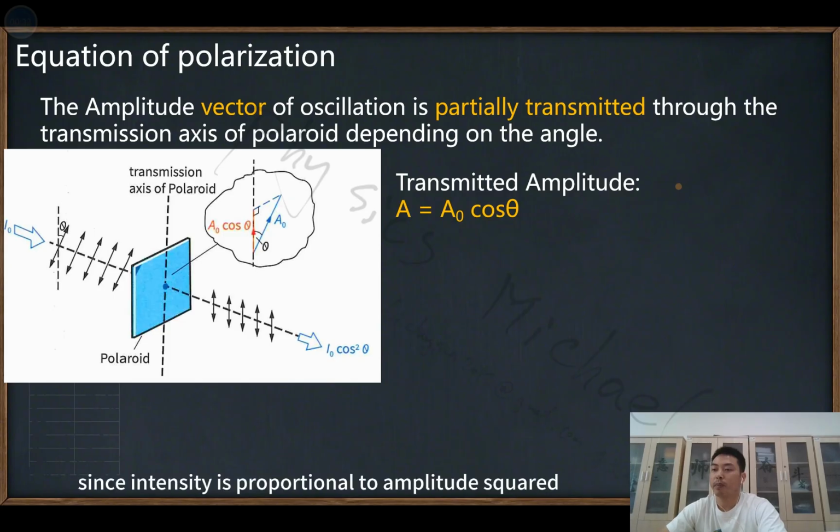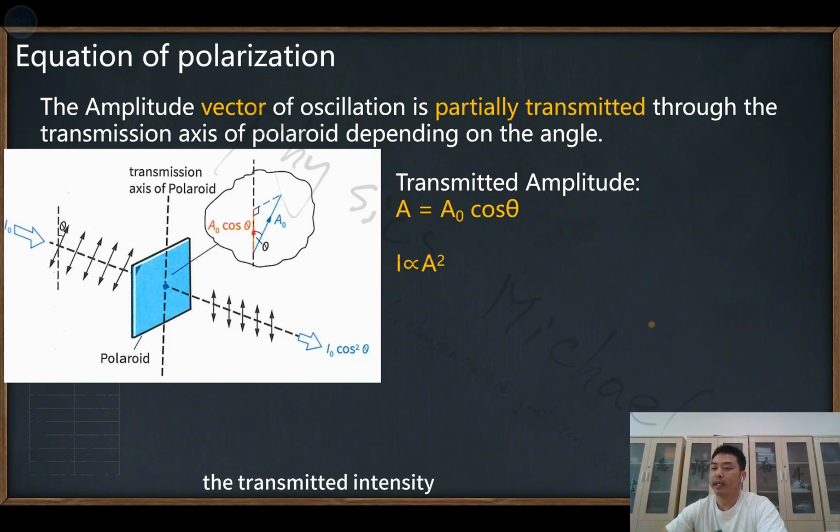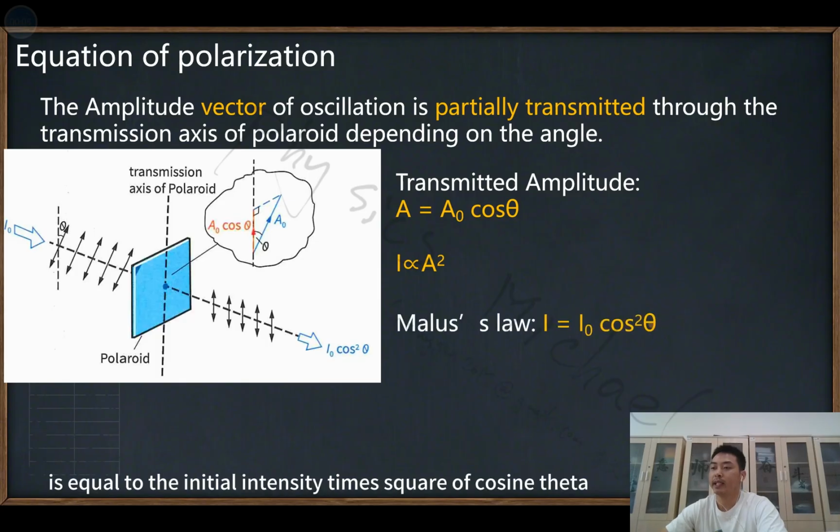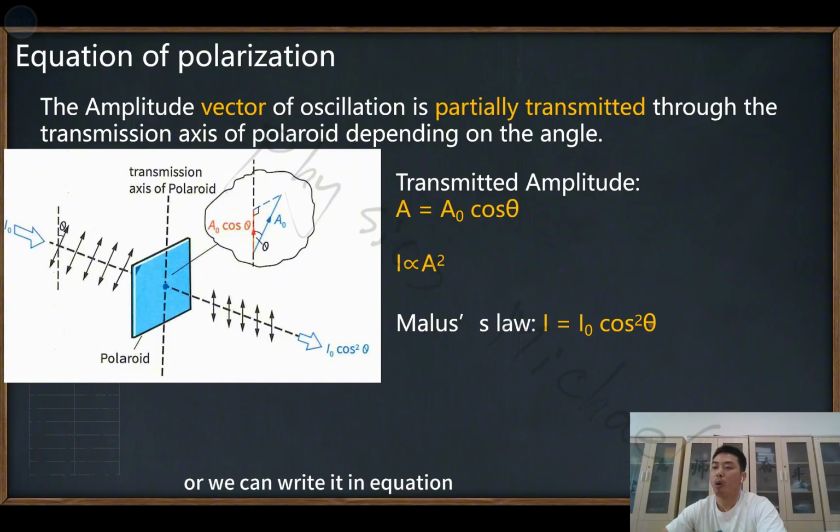Since intensity is proportional to amplitude squared, or I is proportional to A squared, the transmitted intensity is equal to the initial intensity times the square of cosine theta, which we call Malus's law, or we can write it as the equation I equals I0 times cosine squared theta.